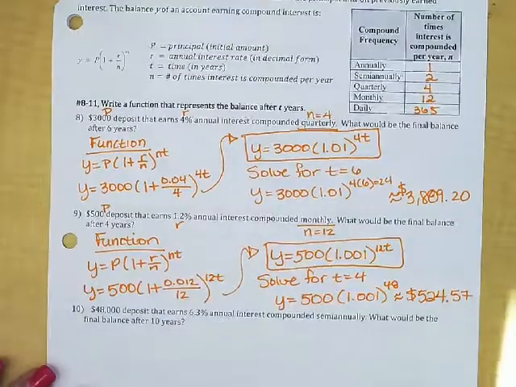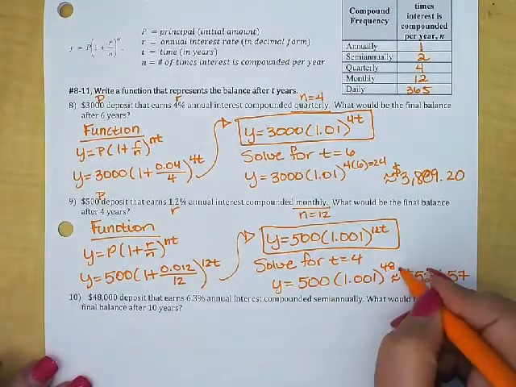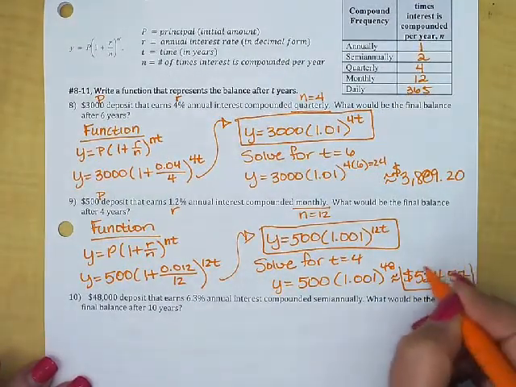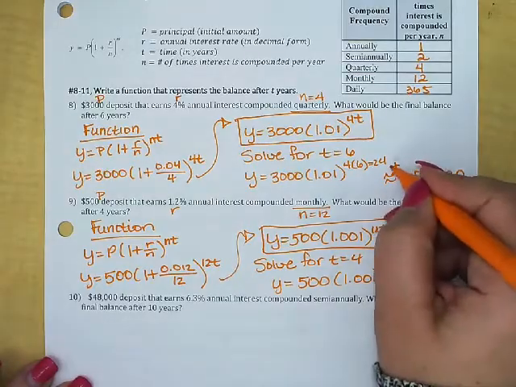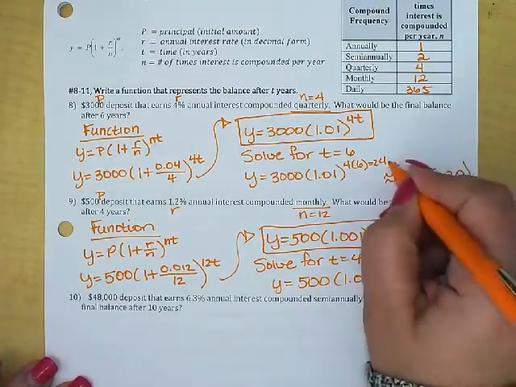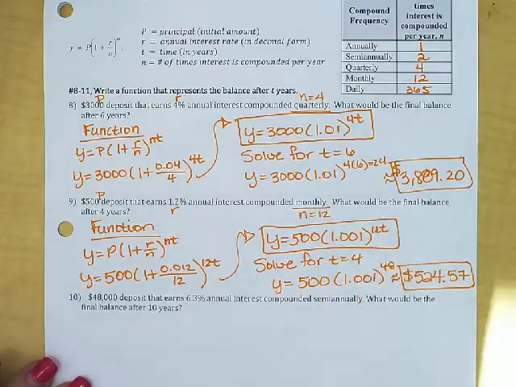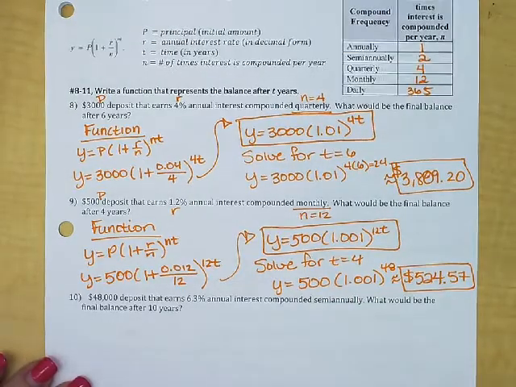Okay, so that would be our balance there. And like I said, try the next two, and then you can check them. Use this as your template and as your guide. Try them out and then check them to see.